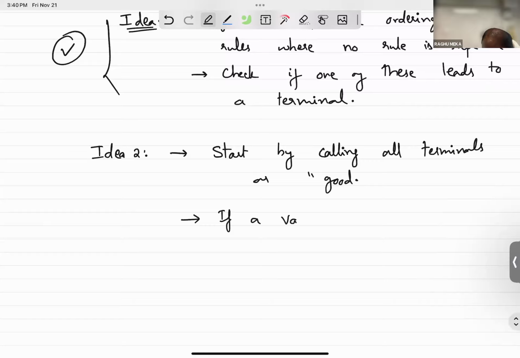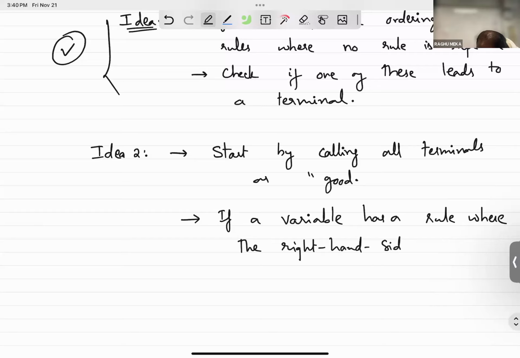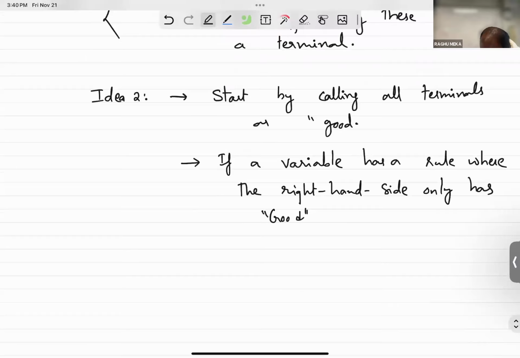And if a variable has a rule where the right hand side only has good elements, mark the variable as good.